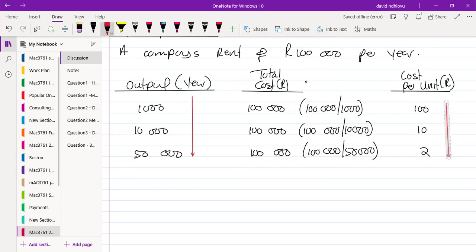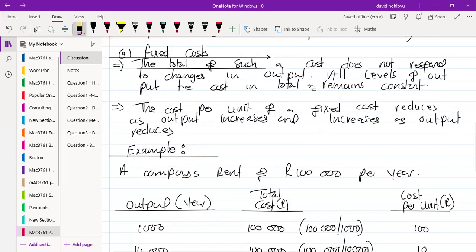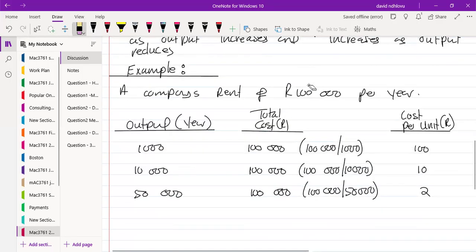The reverse is also true. If we were to decrease output, then the cost per unit will also what? Increase. So a cost that behaves in this manner is what we call a fixed cost. We can see that per each unit that we produce, we make more money if we produce more, as far as fixed costs are concerned.